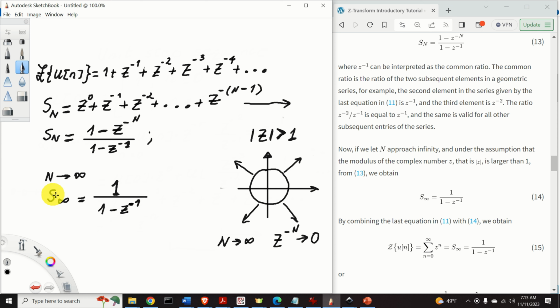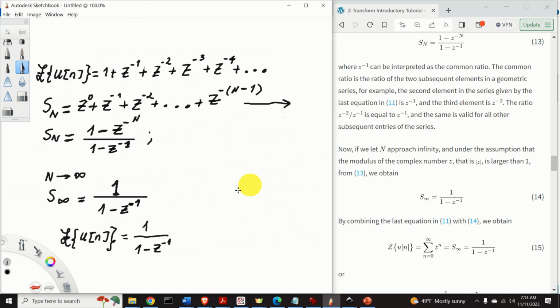This means that the z transform of u[n] is actually equal to 1 over 1 minus z to the power minus 1. And we can represent this like this.